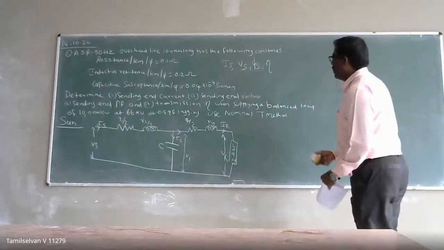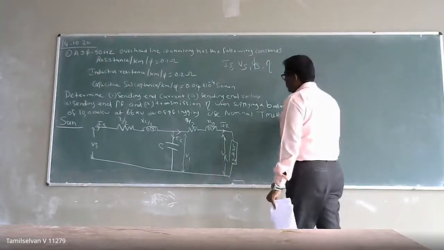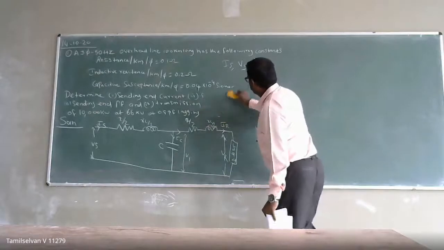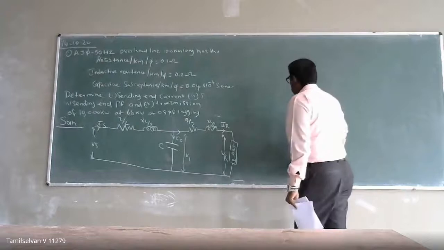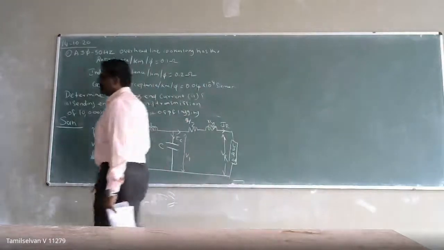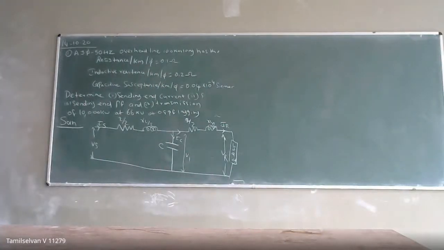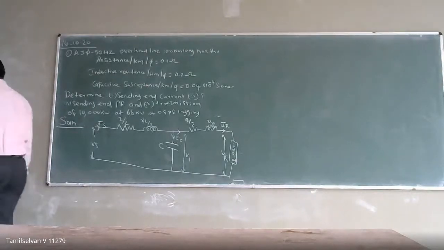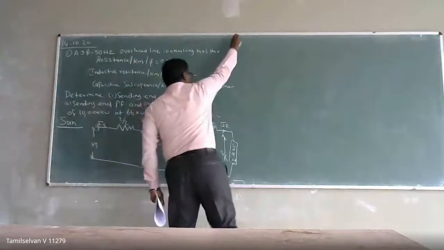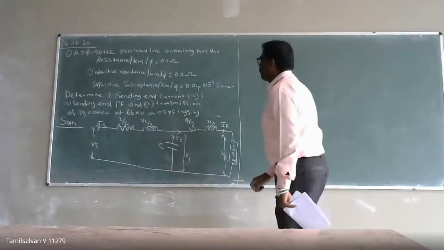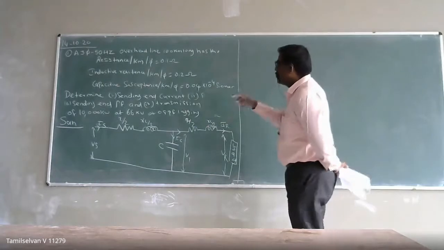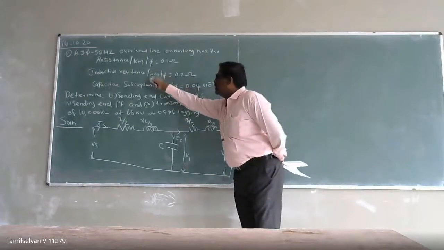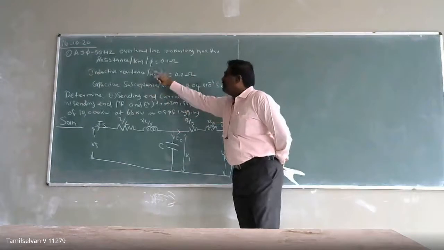Okay, so now to solve the problem. Here they have given the resistance value, the reactance value and the capacitance value only per kilometer.